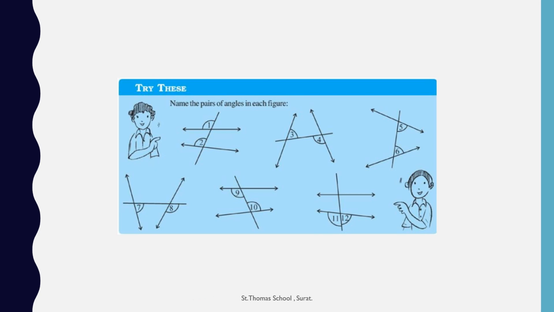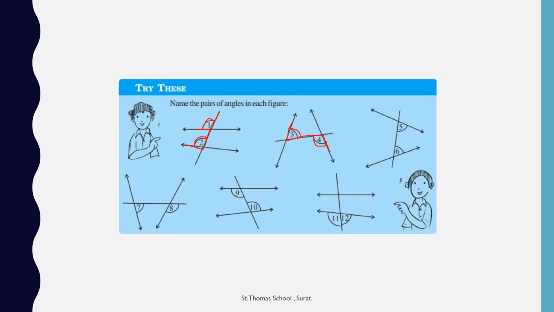So if you want to remember corresponding angles and alternative angles easily, look at the shape of the angle. If you draw here one F, so these angles are formed. So corresponding angles are always formed in the shape of F. And in the case of alternative angles, if you draw the shape Z, okay, so these two angles are called alternative interior angles.